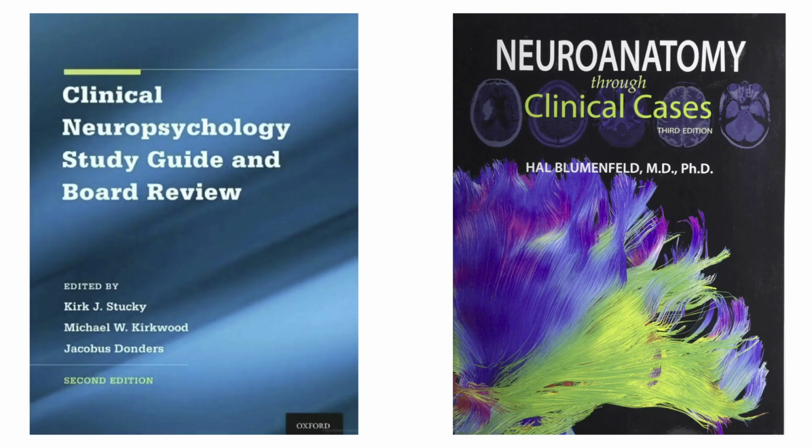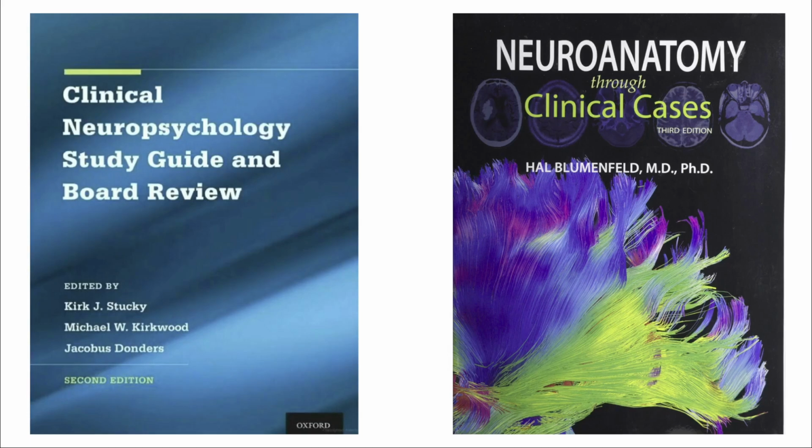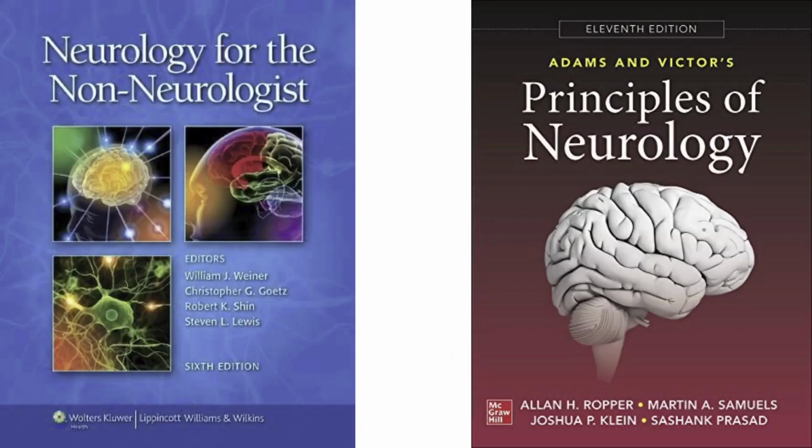If you're looking for more information on these topics, once again, the Stuckey et al. Clinical Neuropsychology Study Guide and Board Review is a great book. Additionally, Neuroanatomy Through Clinical Cases by Hal Blumenfeld is very informative and contains lots of information related to cranial nerve injuries.